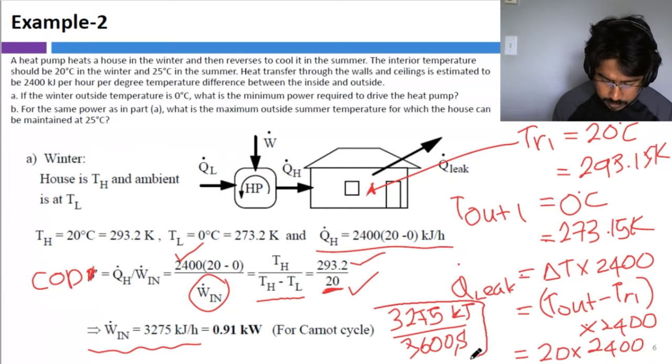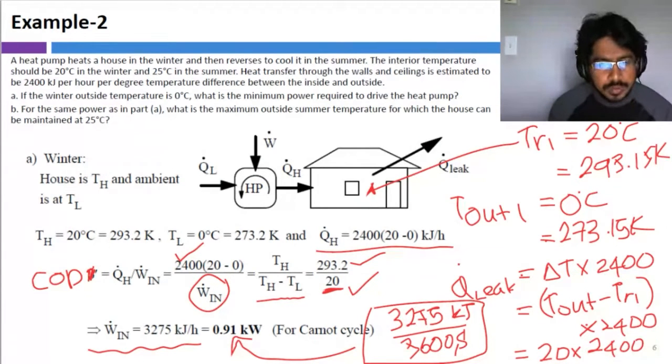So once you solve this portion, you'll see that the answer is 0.91 kilowatts. That's how you convert kilojoules per hour to kilowatts or kilojoules per second. The same thing. Kilojoules per second means kilowatts. Okay. Anything not clear about this portion?